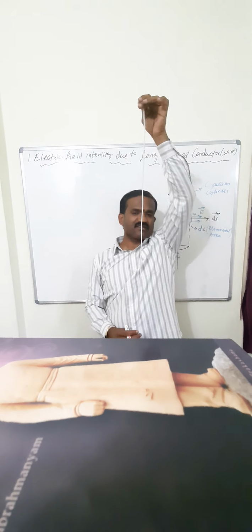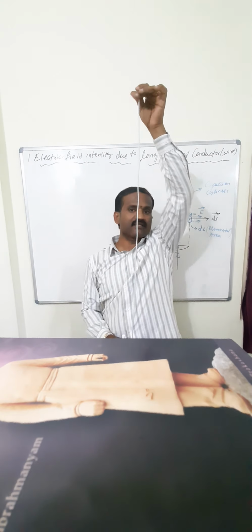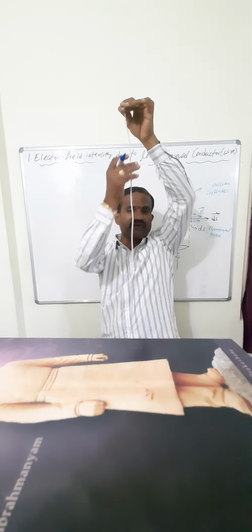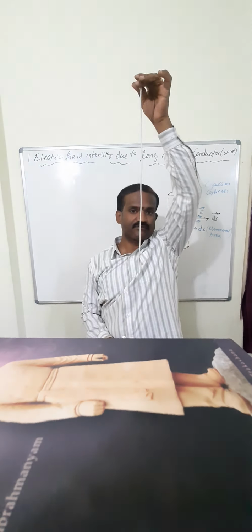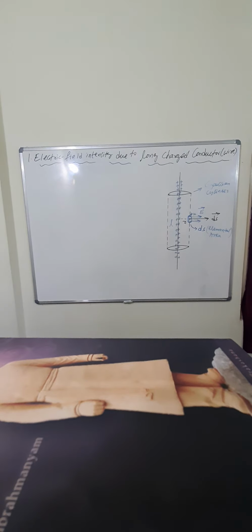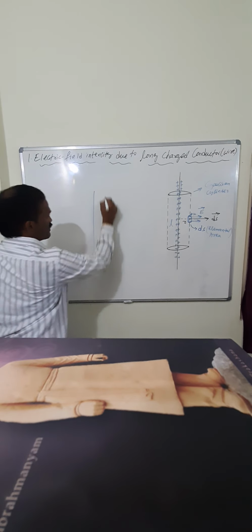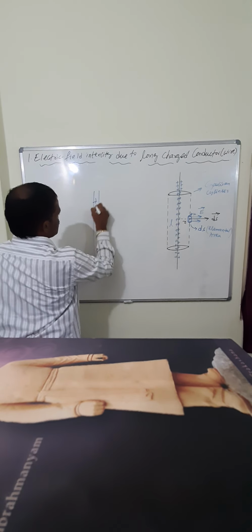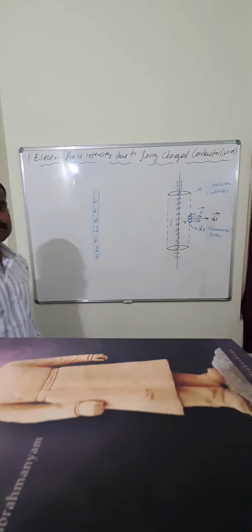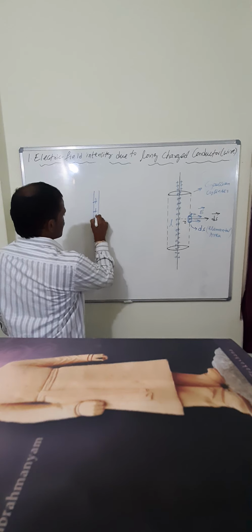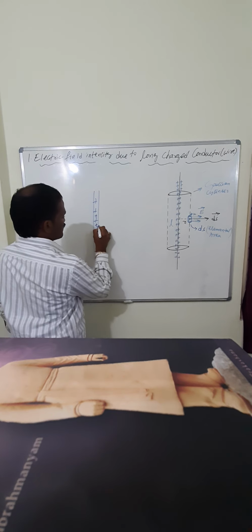Now, what is the application of Gauss theorem? You want to calculate the electric field due to an infinitely long straight conductor because you can't apply Coulomb's law. Why can't you apply Coulomb's law? So it is a long straight conductor. Let us suppose all these charges are there on the long conducting wire. You want to calculate the electric field due to a long charged conducting wire.